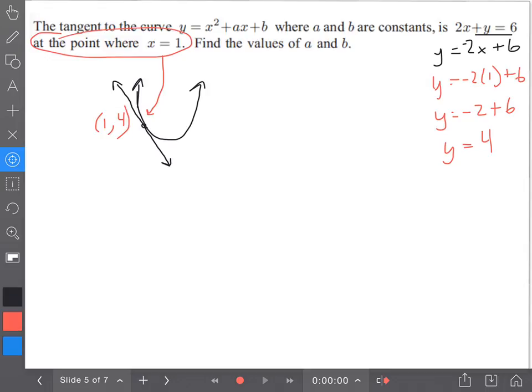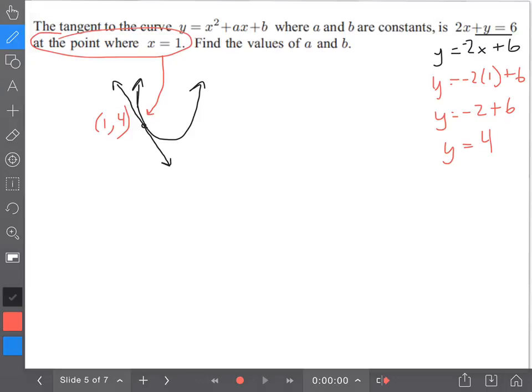So let's go ahead and write those two equations. We just said that if the two lines are tangent, they will have to share a point. Now, that means that they intersect. You learned back in Algebra 1 and Algebra 2 how to deal with lines that intersect. Well, you can substitute and solve for the point where they intersect, right?